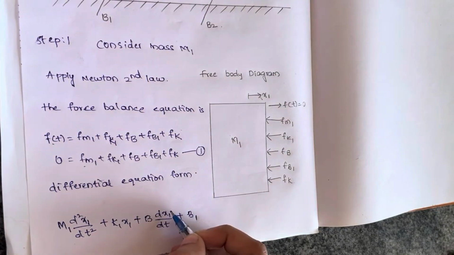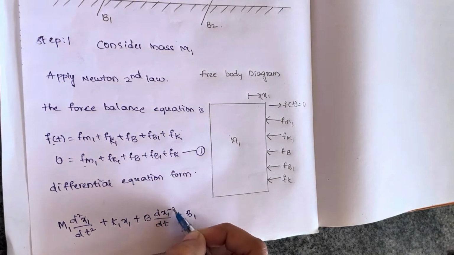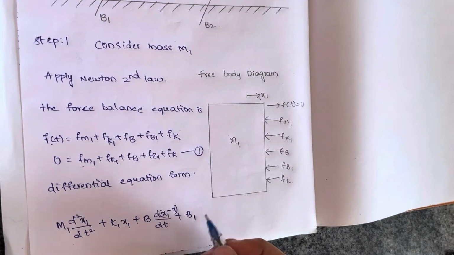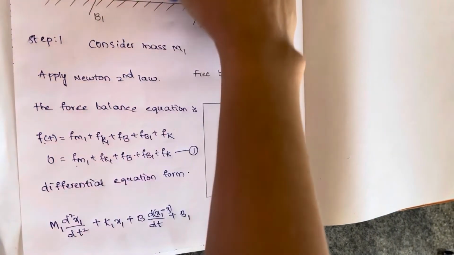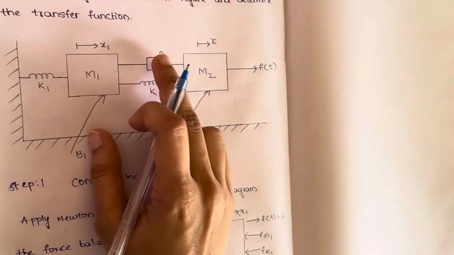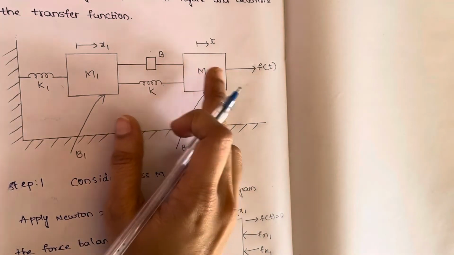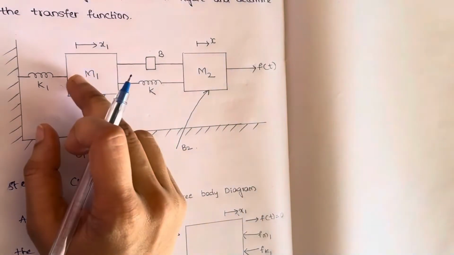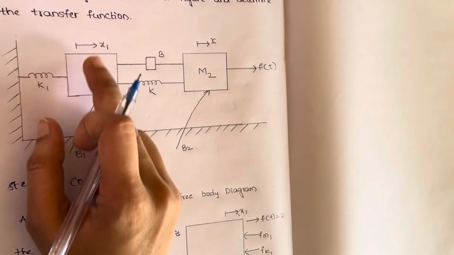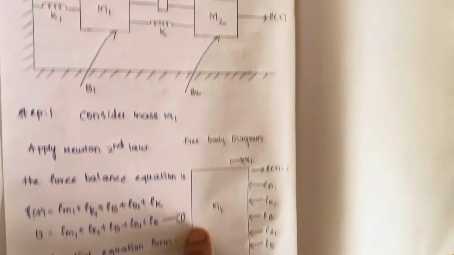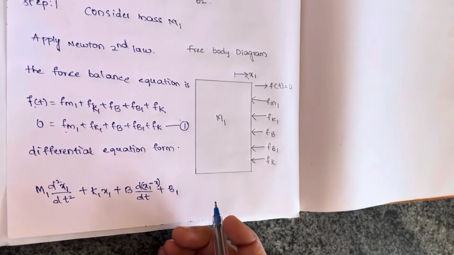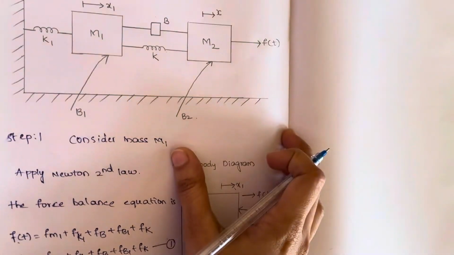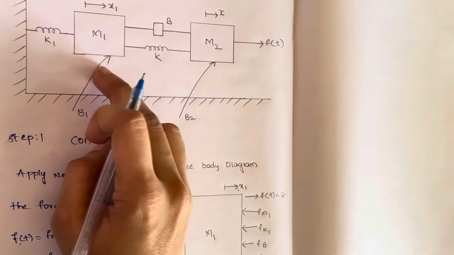plus the same thing, b into x1 minus x, because the dashpot b is lying between m1 and m2. When we are calculating for m1, first preference should be given to x1, the variable which is related to m1. Next b1. So b1 is for m1, right?